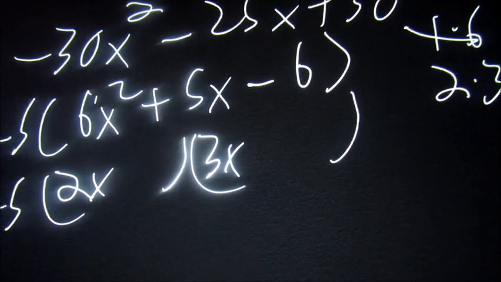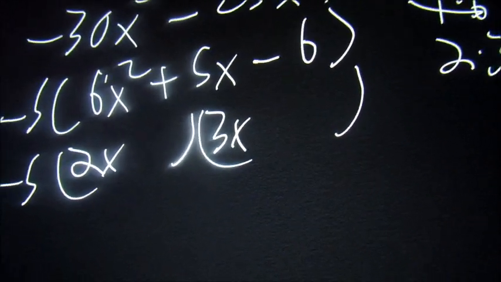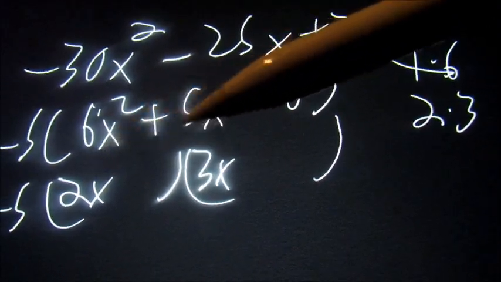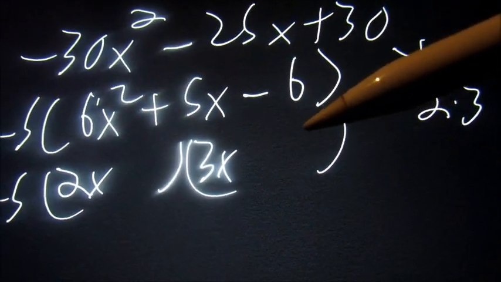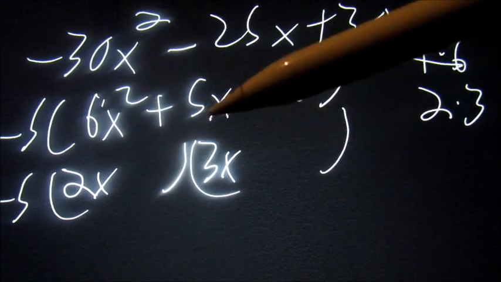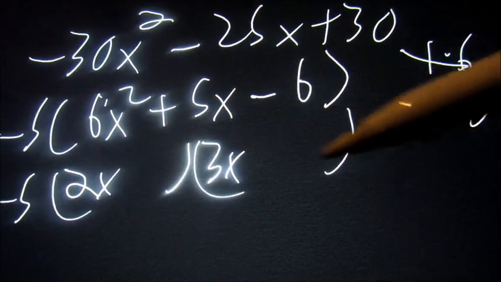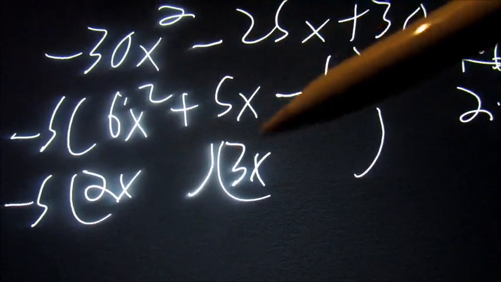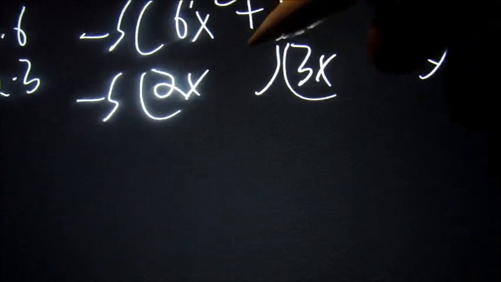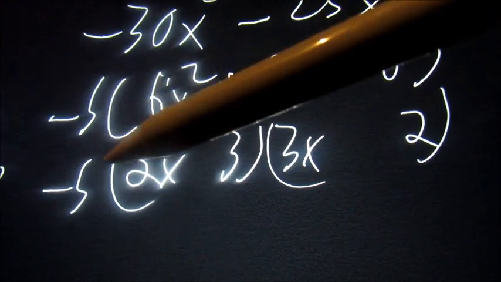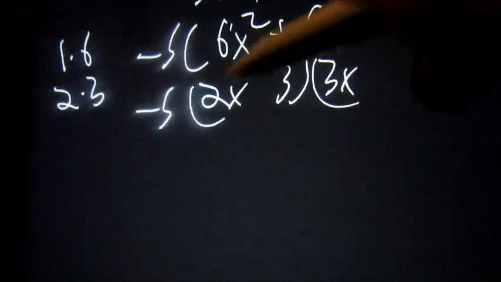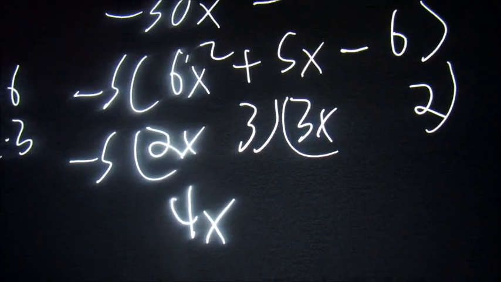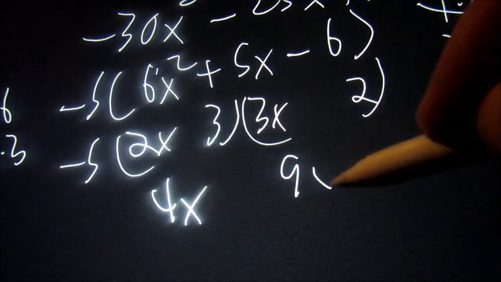Again, we can guess by what we're looking at and figure it out, because 2 times 3 is 6, which isn't much bigger than 5. And 3 times 2 is also 6. That's not going to work. But if we put the 2 here and the 3 here, we would have 2x times 2, which is 4x, and 3 times 3x, which is 9x.